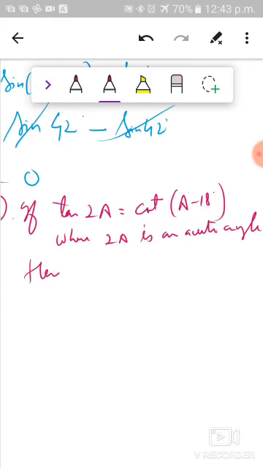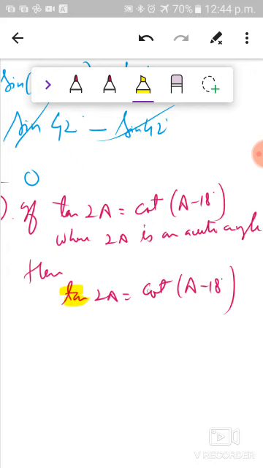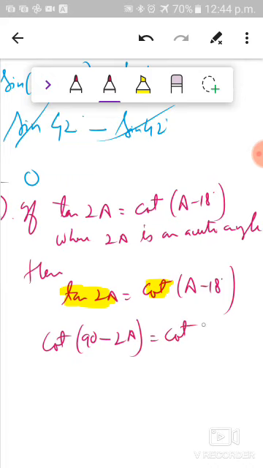So here let me write tan 2a is equal to cot of a minus 18 degree. Now you see, tan and cot are complementary of each other, so I can write tan theta. This is tan theta. Tan theta I can write as cot 90 minus theta, and here theta is 2a. So that is equal to cot of a minus 18 degree.